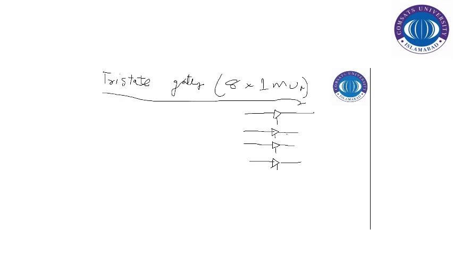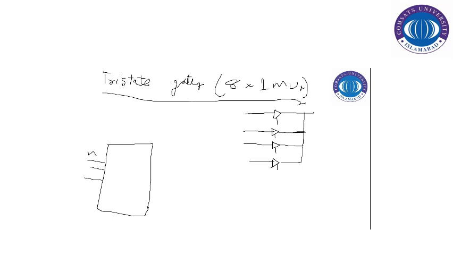We've got the 4 tri-state gates. And we have to use a decoder here in order to enable or disable those gates. That is a 3 to 8 line decoder.